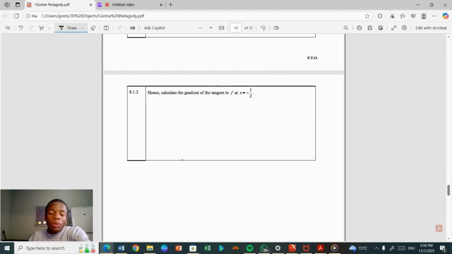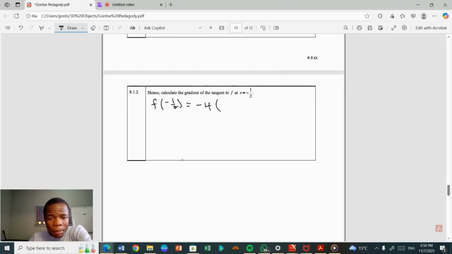So let's move to this one. They said, hence calculate the gradient of the tangent of f at x is equal to minus 1 over 2, right? So we need to get the gradient of f. Gradient of f is the first derivative, right?